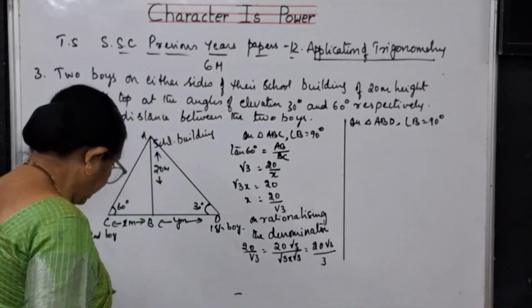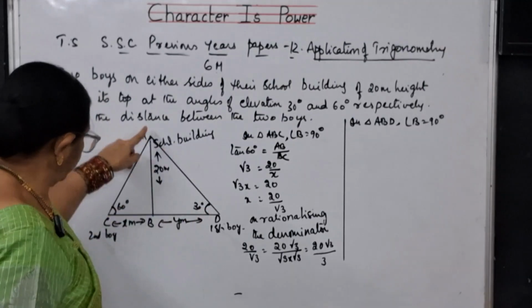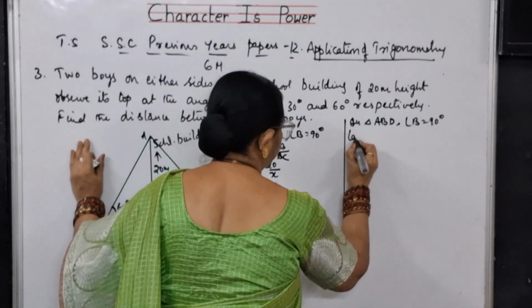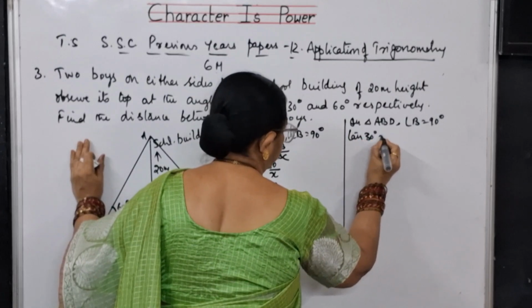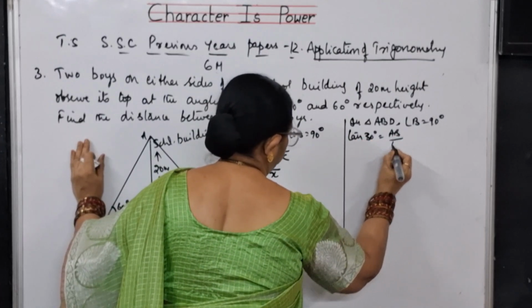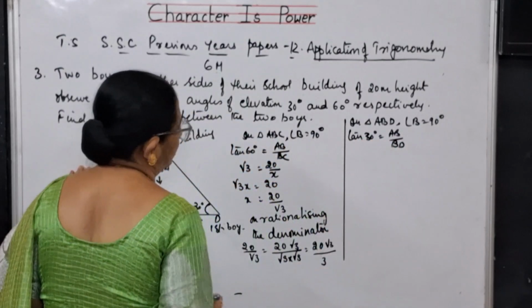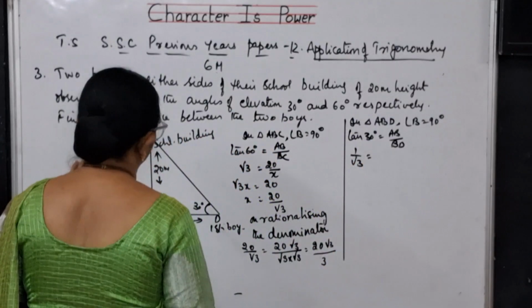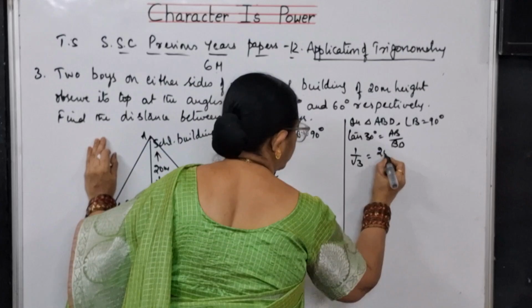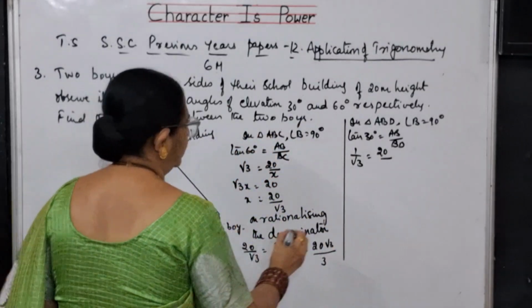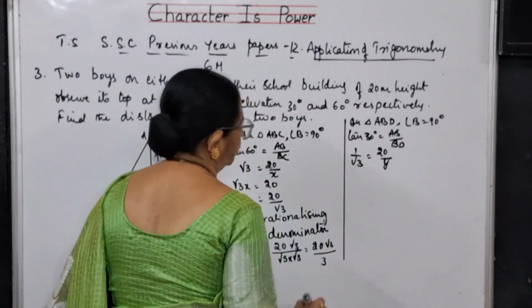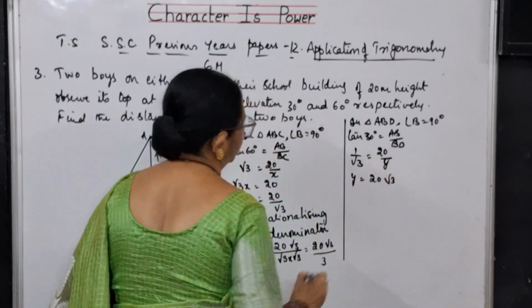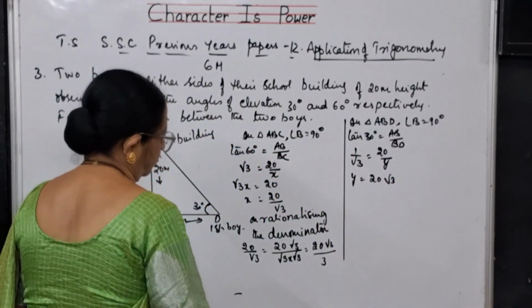So this is 30 degrees, which means tan 30 degrees is AB by BD. What is tan 30? 1 by root 3 is equal to AB, which is 20, by BD, which is y. That means y is equal to 20 root 3.